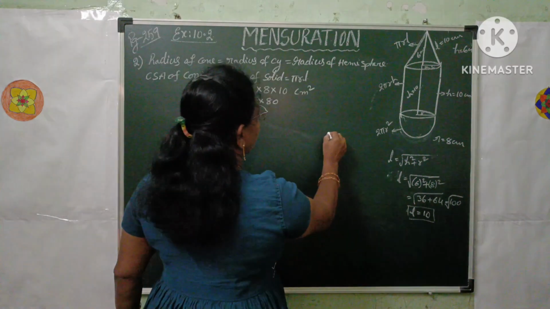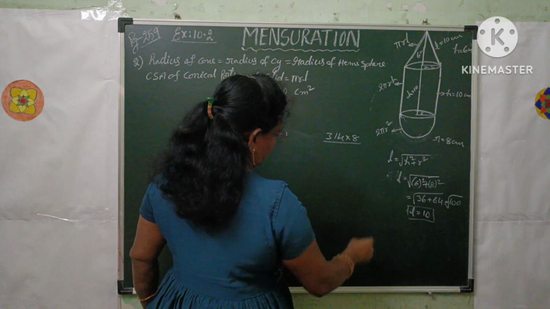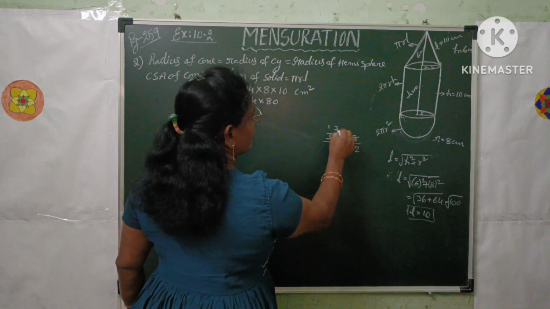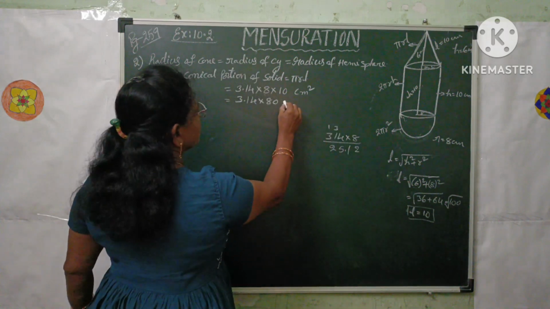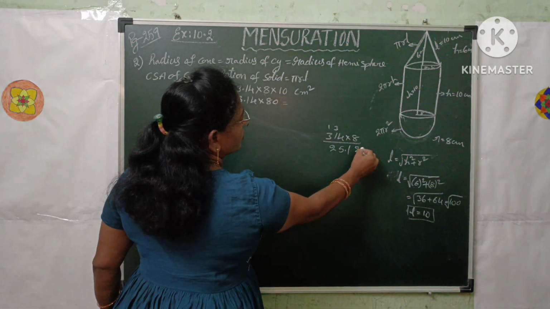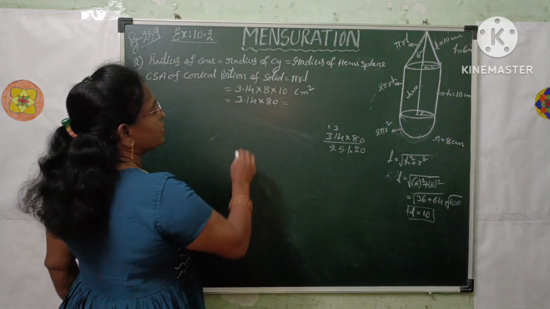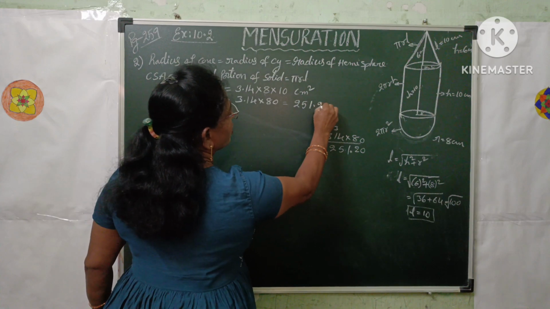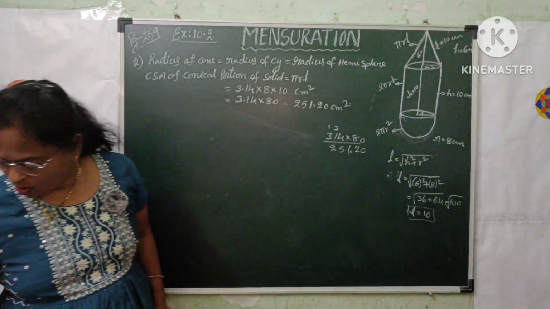Now we need to multiply 314 into 8. So that is equal to, here we have to use right side of the 0, so the point is 2 digits before. That is equal to 251.20 centimeter square. This is the cone.